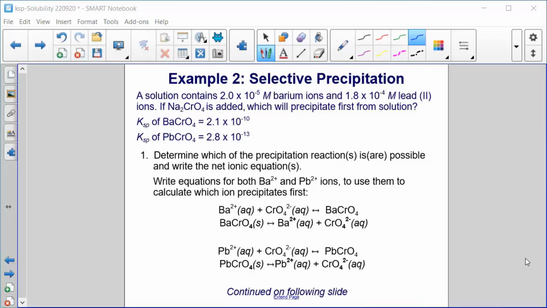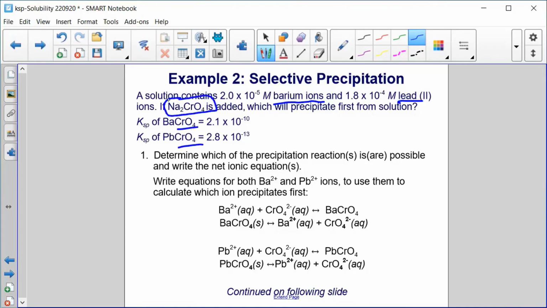All right, so the first step is to determine which of the precipitation reactions is or are possible and write the net ionic equations. So we're going to write equations for both the barium ions and the lead ions precipitating with the chromate from the added sodium chromate.